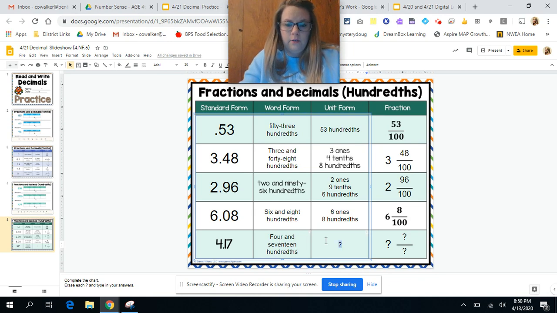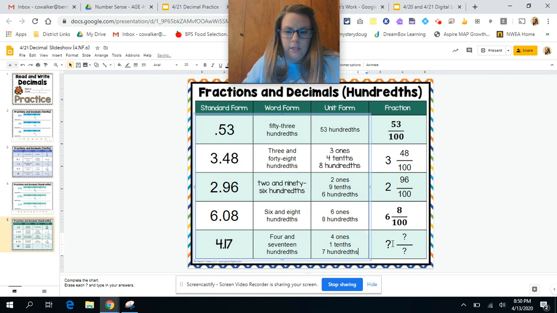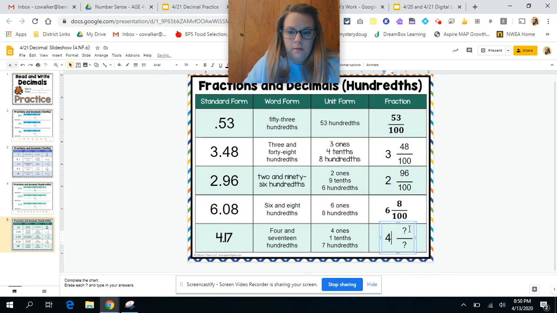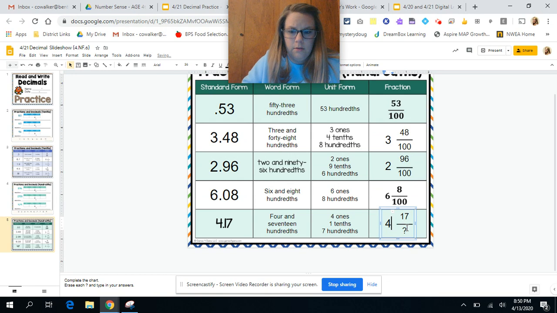This one, the unit form should be 4 ones, 1 tenth, and 7 hundredths. Oh, and then your fraction should look like I have 4 wholes, and then I have 17 out of 100. Oh my stars, I keep writing 1700.